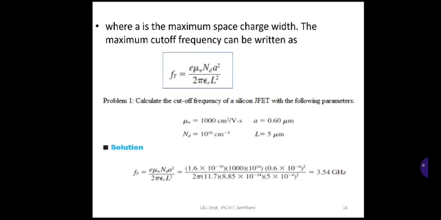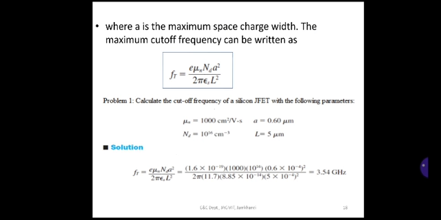The maximum cutoff frequency can be written as Ft equal to e mu n Nd a square divided by 2 pi epsilon S L square.